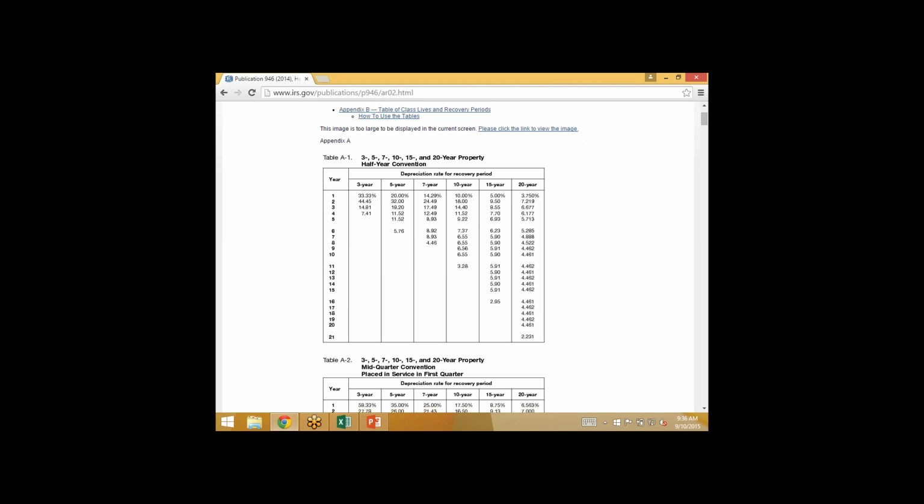So if you were to accelerate, you would hope that in year 1, it would be greater than 33%, right? 33.3333%. If you look at this table, 33.333%. This is not accelerating, is it? It should be, but it's not.